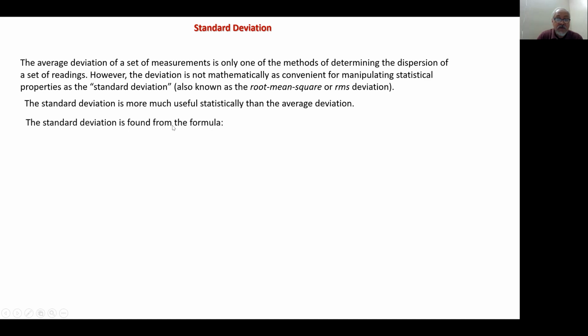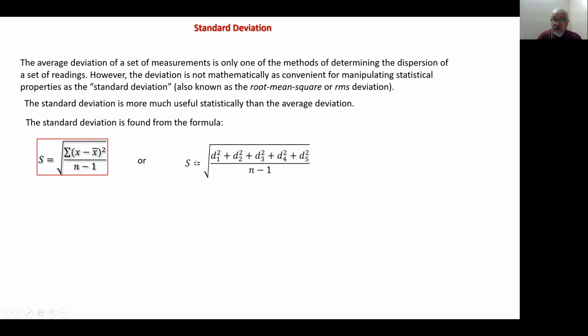Okay, the standard deviation is found from the formula. This is a formula: the standard deviation is equal to the square root of the sum of these deviations squared divided by n minus 1. This is from statistics, where it comes in this way. Or we can use this deviation squared plus this one squared, divided by n minus 1.